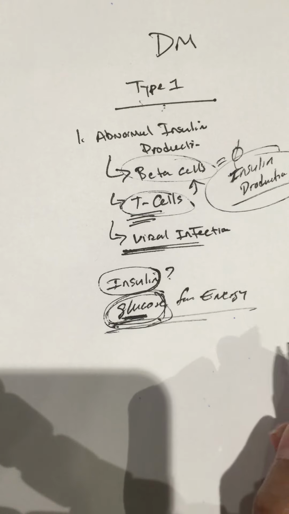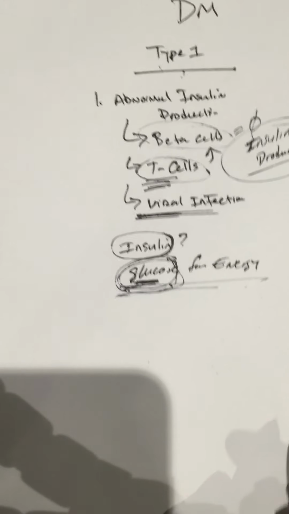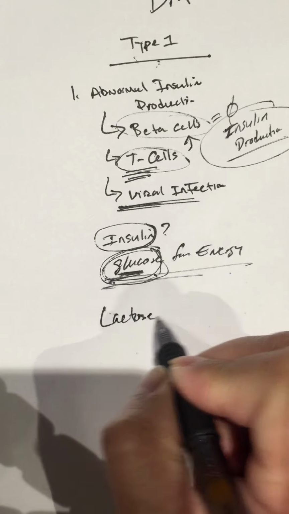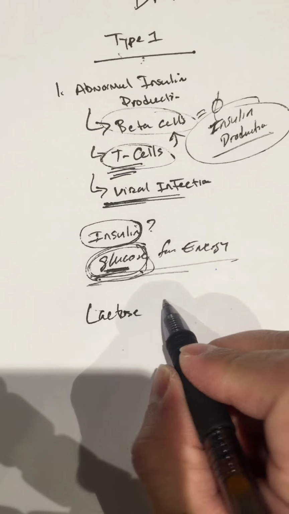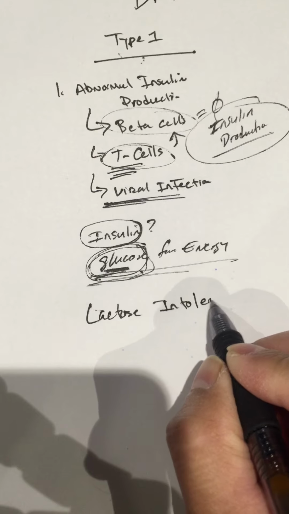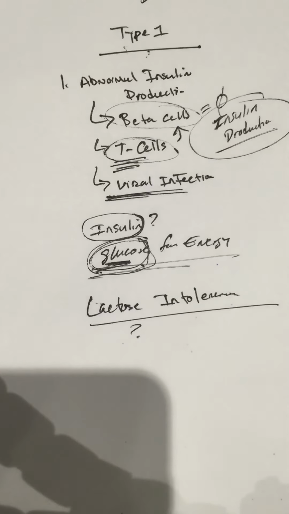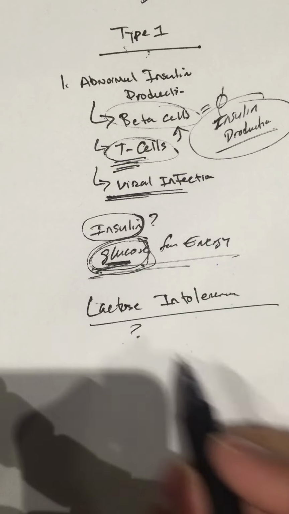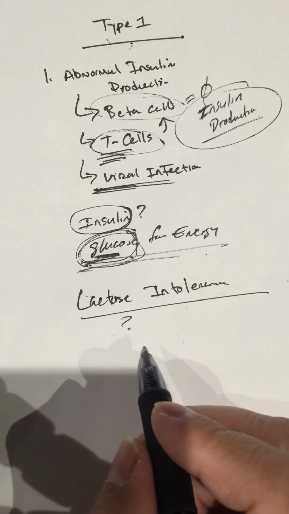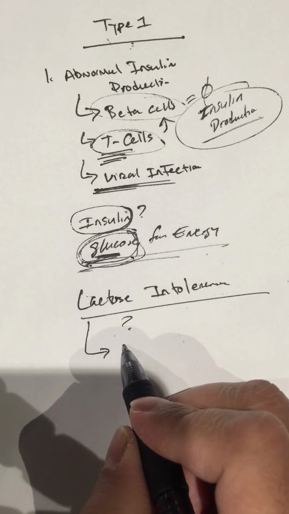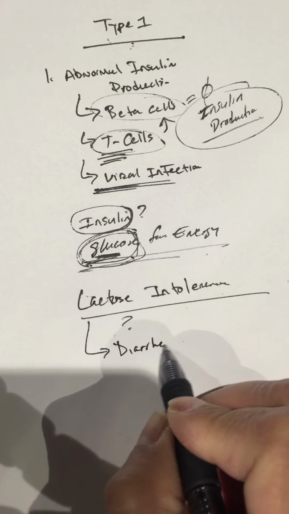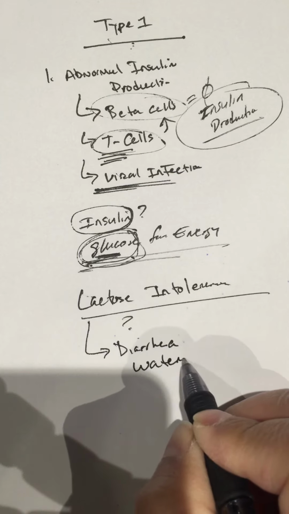Now, I want to talk about something like lactose intolerance. This is something completely different, but it ties in somewhat with this lecture. For those of you that suffer from lactose intolerance, what happens when you eat cheese, drink milk, milkshakes, ice cream with milk in it? If you are lactose intolerant, a couple of minutes or a couple of hours later, you'll have an upset stomach, and then something like diarrhea or very watery stools.